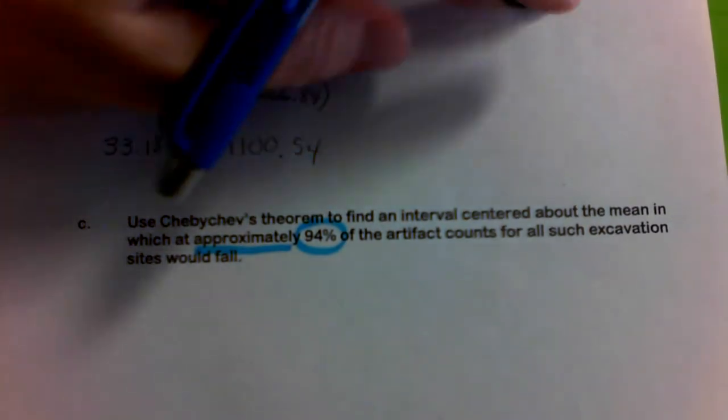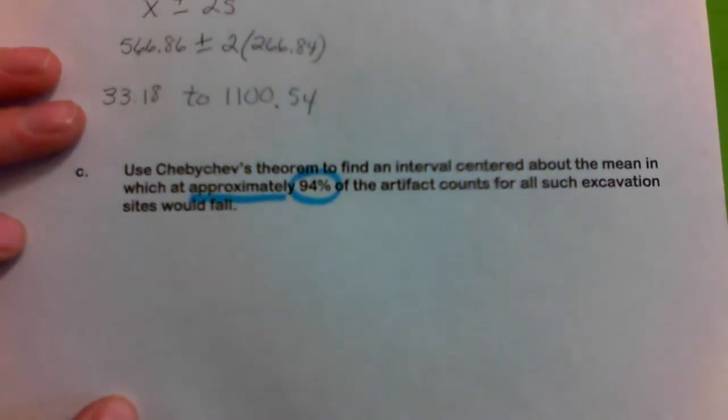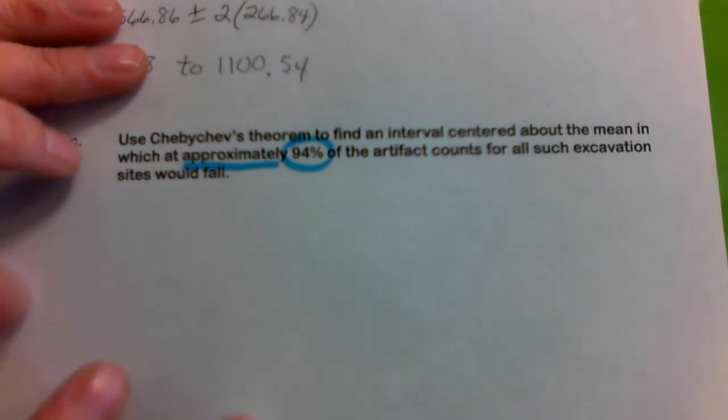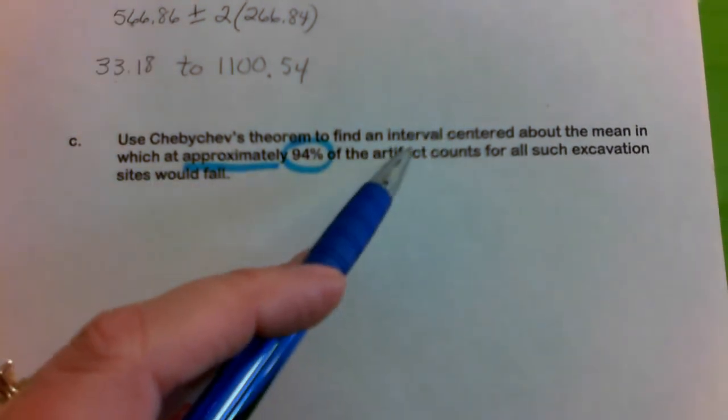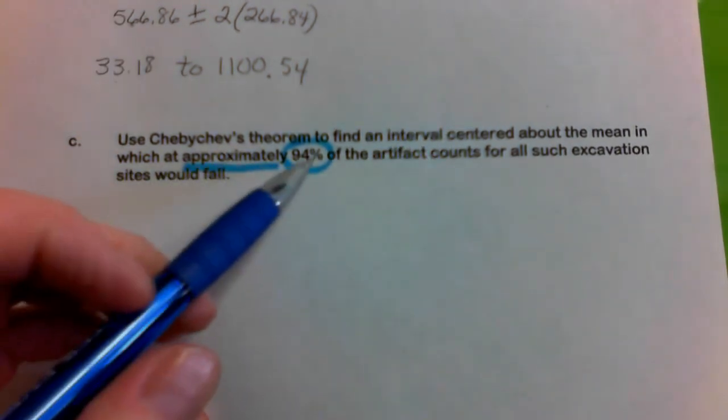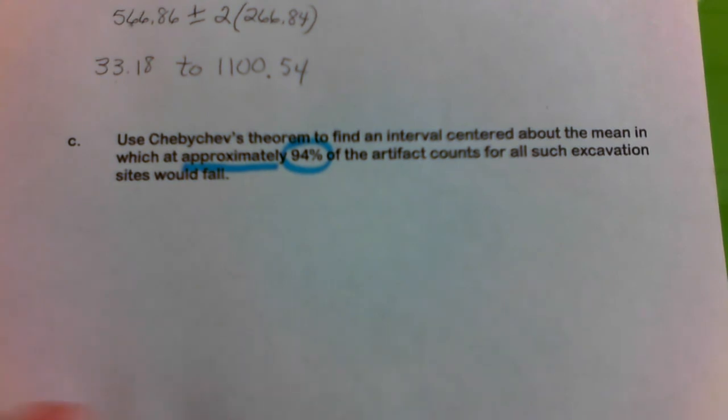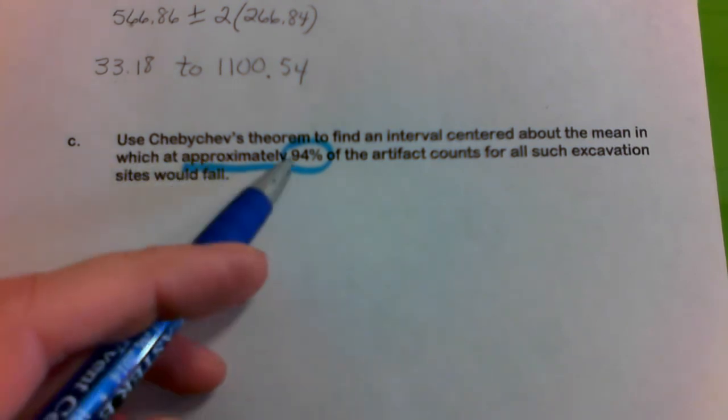All right, let's look at one more. And again, it's using Chebyshev's. We're creating an interval, so there'll be 2 numbers, and it says approximately 94%. Well, if you would recall, 4 standard deviations was 93.8%. That's approximately 94%.